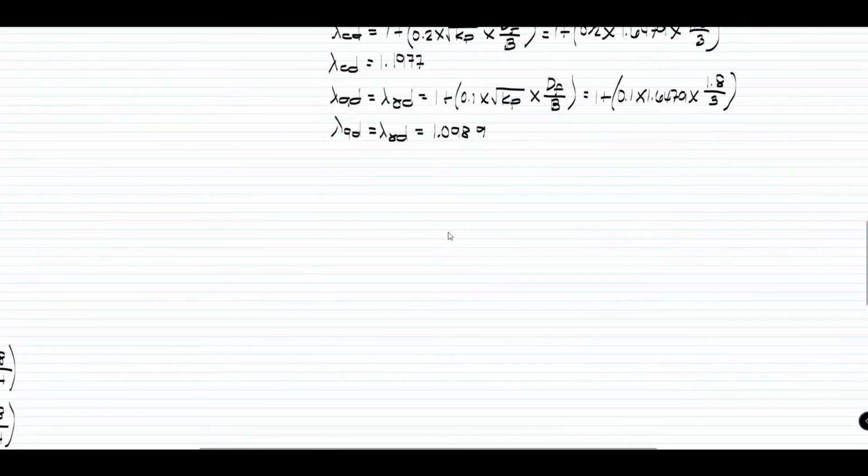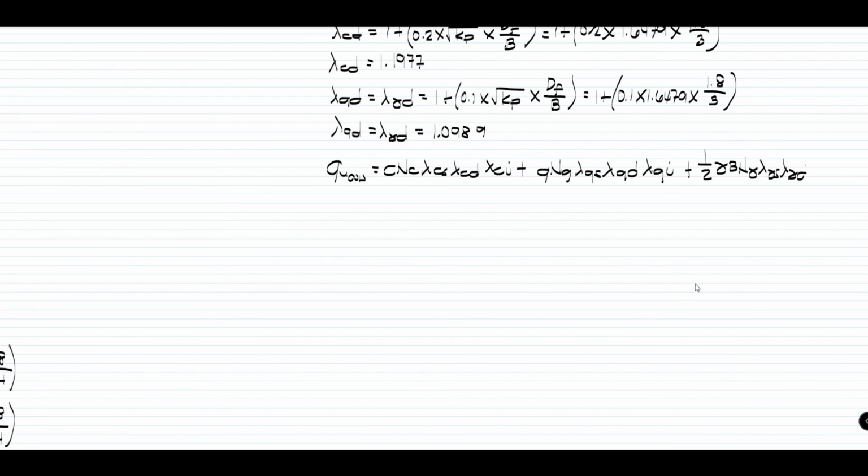So, QU con na lang ilagay natin, which is equivalent to the CNC, lambda CS, lambda CD, lambda CI, plus QNQ, lambda QS, lambda QD, and lambda QI, plus 1/2 gamma B N gamma, lambda gamma S, lambda gamma D, and the lambda gamma I. So, our QU now concentric will be, lagay natin yung mga values na kinuha natin kanina.